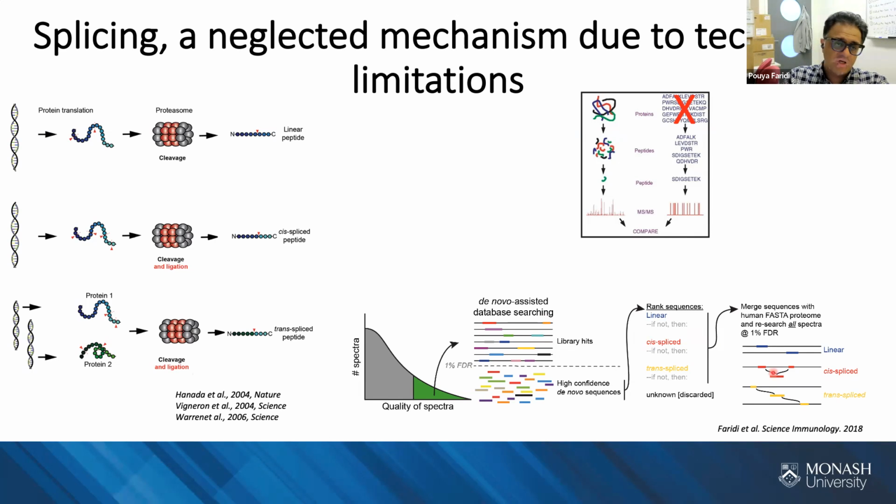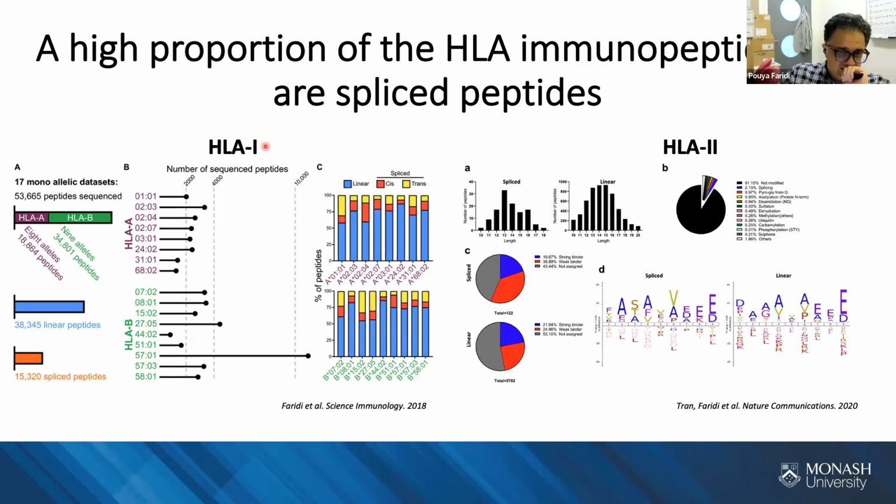So we found these peptides, and we showed that a considerable proportion of peptides presented by HLA class 1 across different HLA types are spliced peptides, cis or trans, and later on we found a smaller proportion, but still, like 2% of peptides presented by HLA class 2 are also spliced peptides.